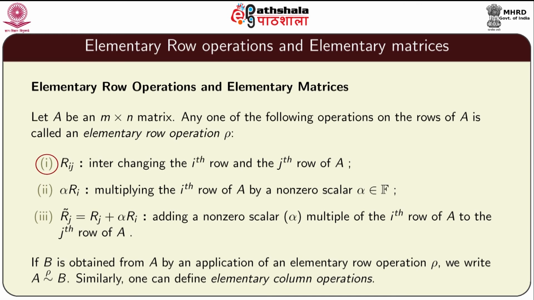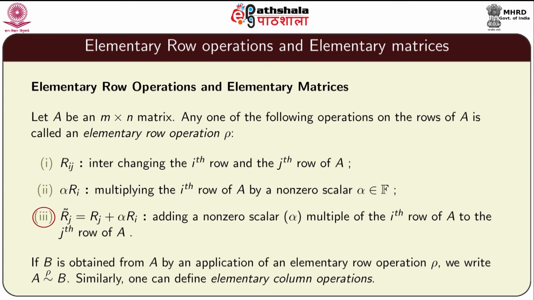The first one, which is denoted by R suffix ij, stands for interchanging the ith row and the jth row of the matrix A. The second kind, alpha Ri, means multiplying the ith row of A by a non-zero scalar alpha in F, that means a non-zero element of the field F, which is alpha.